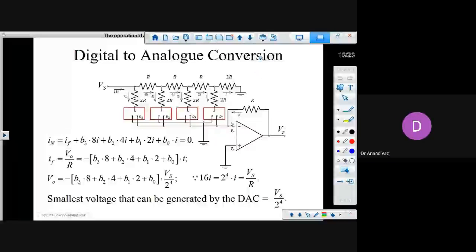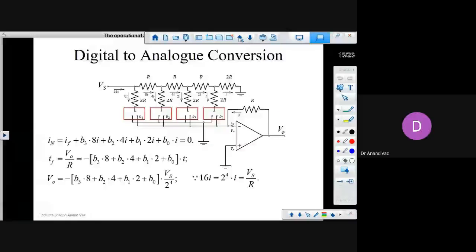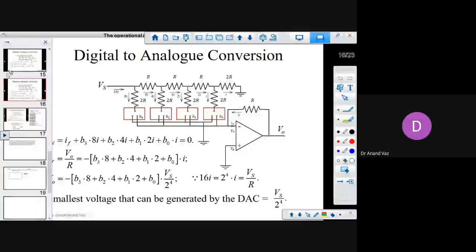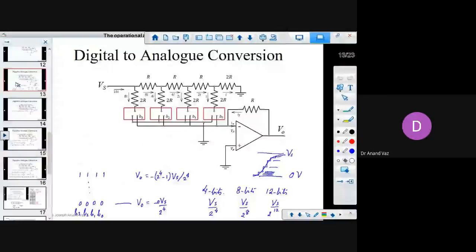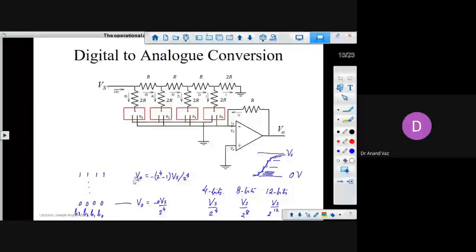So I suppose we were here in our previous lecture. We had come up till here. If you remember, we had worked out the details, and on the left hand side here we had an electrical network, and we had 4 bits.